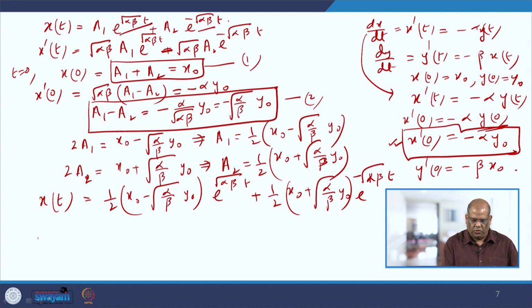So, that is the solution of x, and in the similar manner I can calculate y(t), which will be half of.